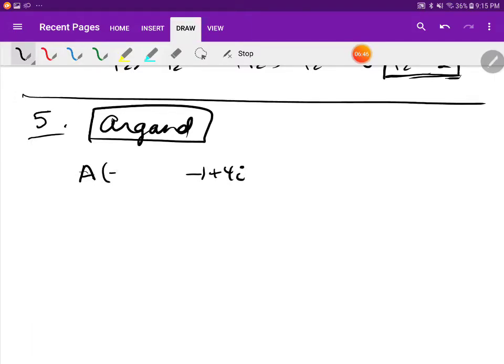As a coordinate, A would be (-1, 4). And then B, -3 plus 0i, would be (-3, 0) as a coordinate. The shape is a square.